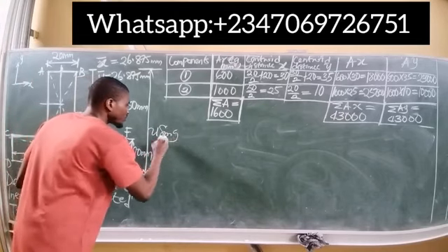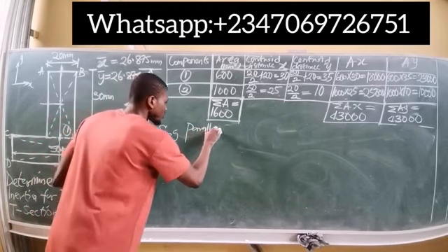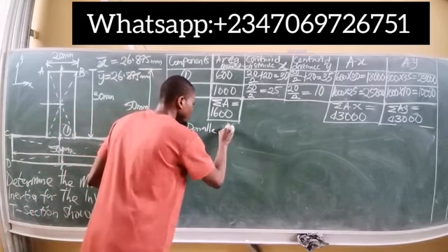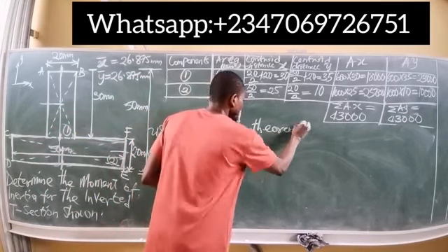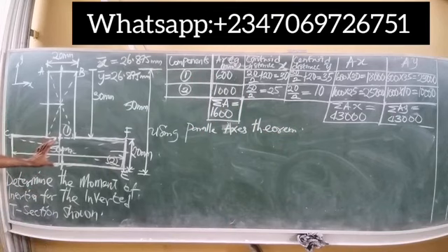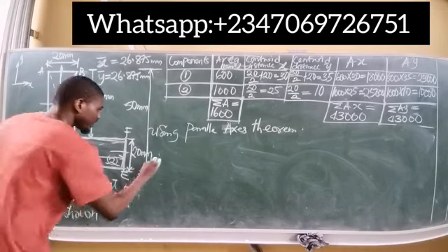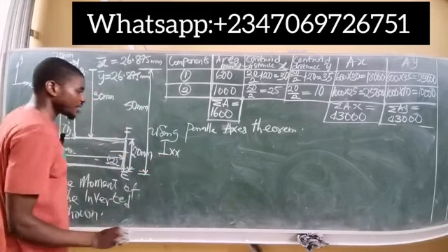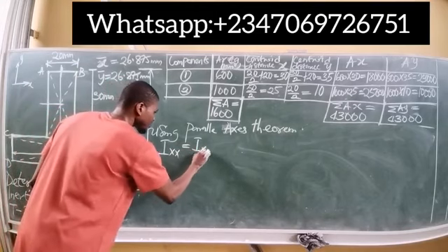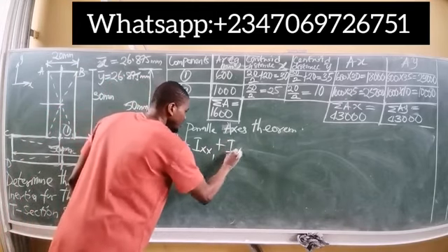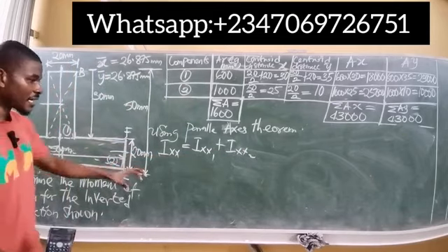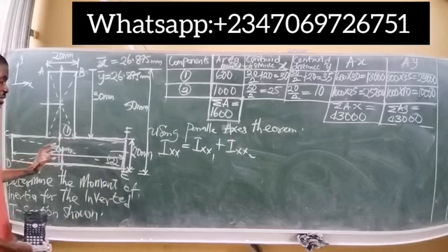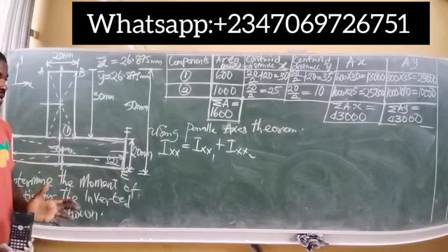Using the parallel axis theorem, since we have more than one shape making up the segments, that's shape 1 and shape 2, the moment of inertia Ixx for the x direction is simply equal to Ixx1 plus Ixx2, where Ixx1 is the moment of inertia for the first shape, and Ixx2 is the moment of inertia for the second shape in the x direction.